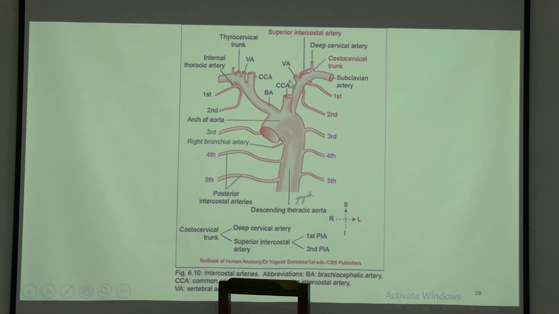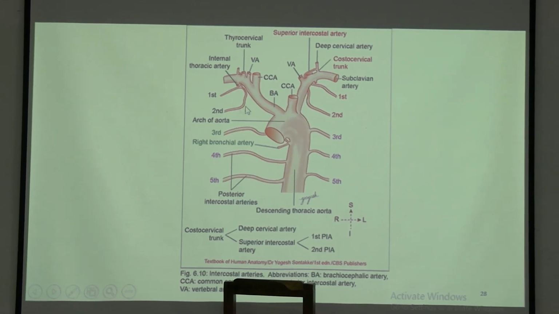So this is the aorta, this is the arch of the aorta, which has three branches: brachiocephalic trunk, left common carotid artery, and left subclavian. Okay. And this brachiocephalic artery divides into right subclavian and right common carotid artery.